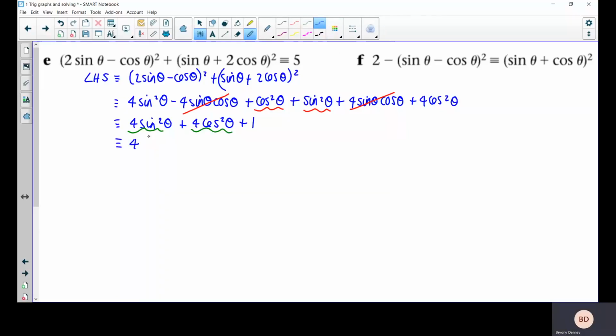So 4, and then open brackets, sine squared theta plus cos squared theta. So I've factorised those two terms, and then I'll have a plus 1. Now, this part of the bracket is equal to 1 using the identity. So I'm going to be left with 4 plus 1, which is 5, which is the right-hand side.